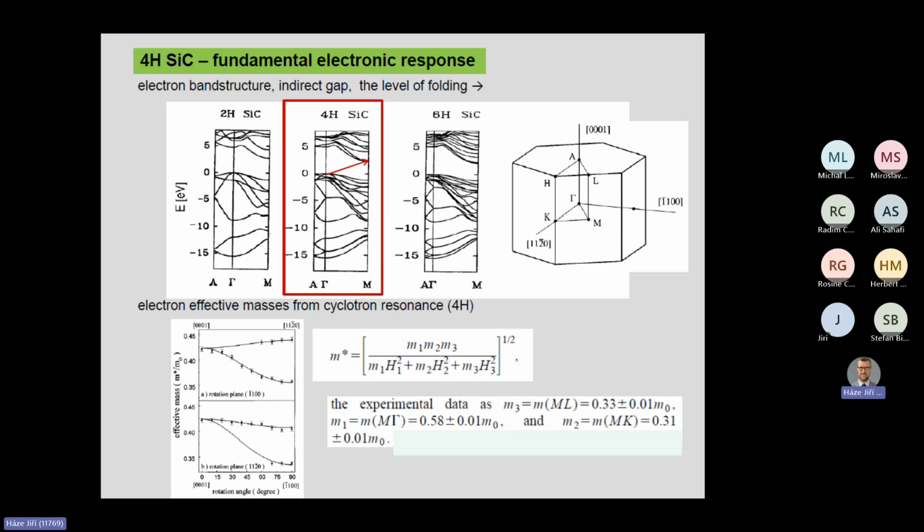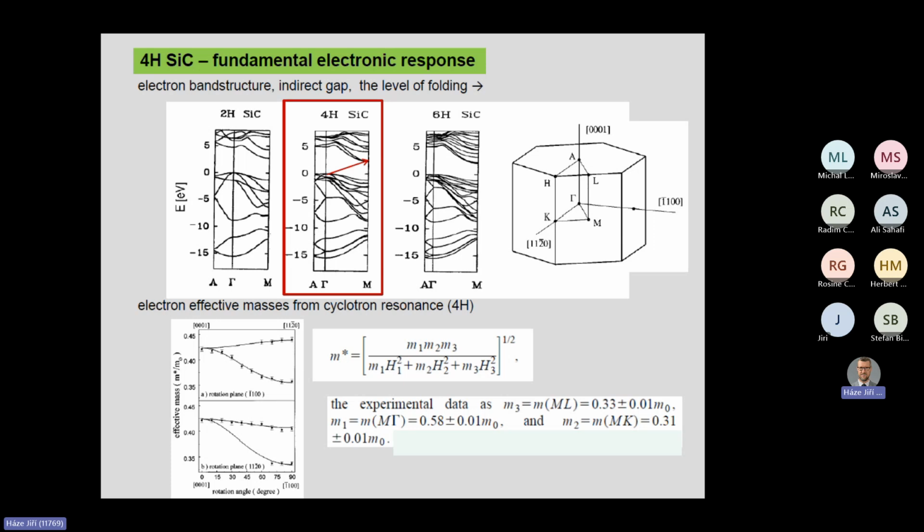There is a folding of the bands: a larger degree of hexagonality means the folding of the bands and the appearance of more bands. This is already a spaghetti of electronic bands. We see also the indirect band gap here at about 3.4 electron volts.